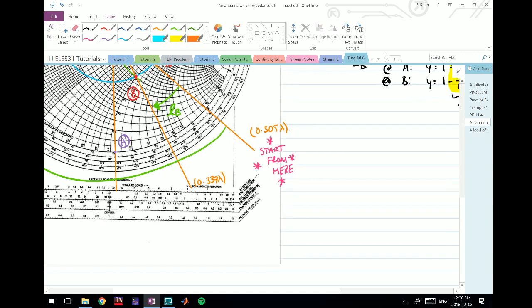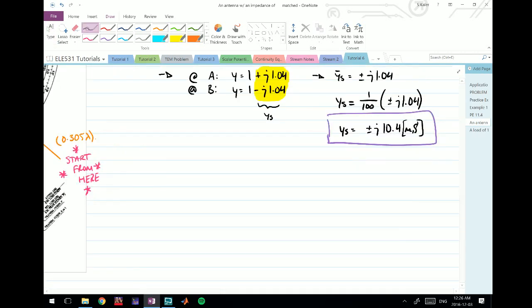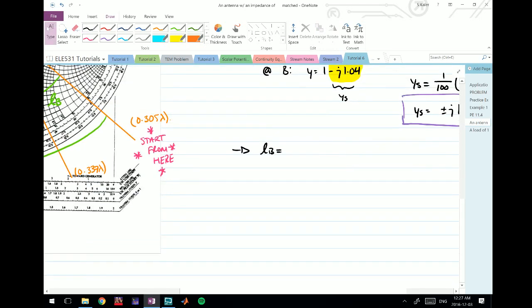Okay, so now LB is going to equal 0.337 minus 0.305 lambda. And so now if we actually subtract this, what we end up with is 0.032 lambda. And this is LB.